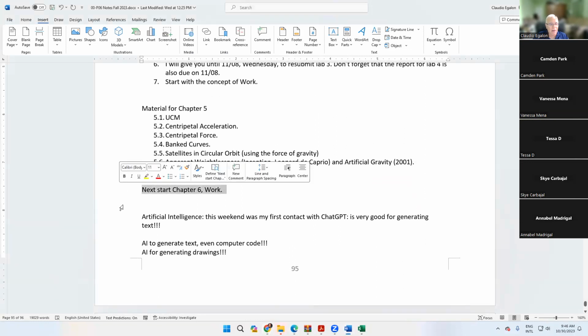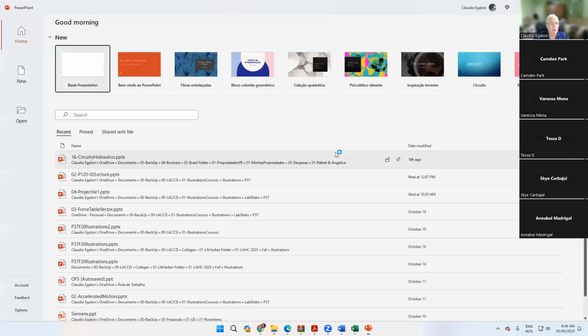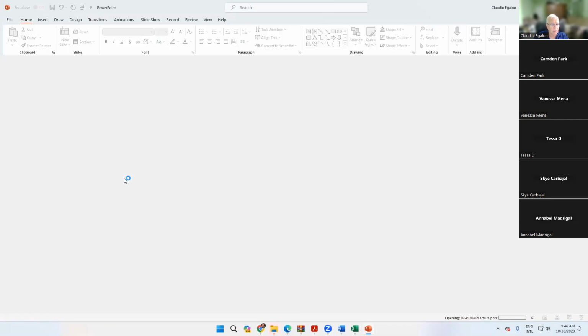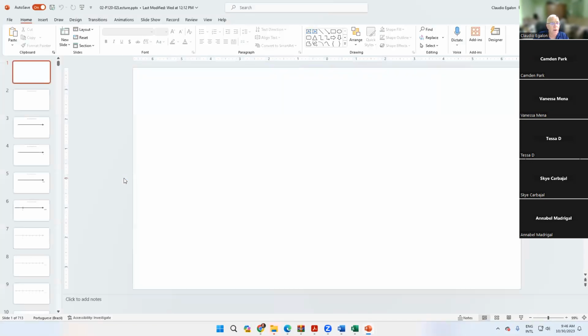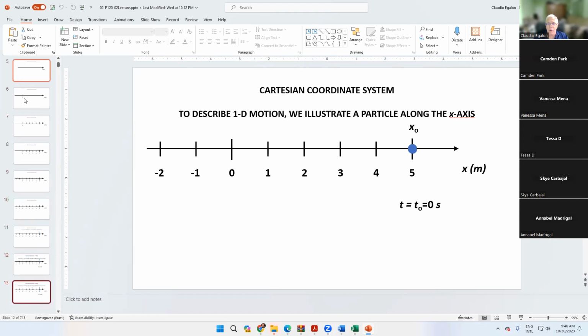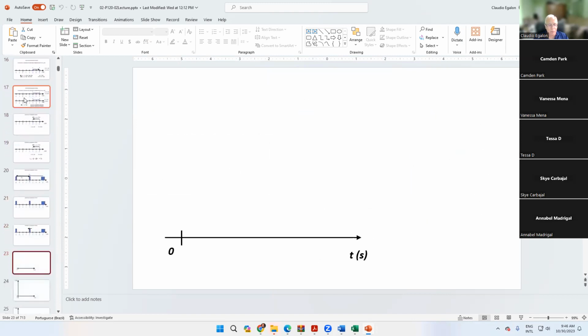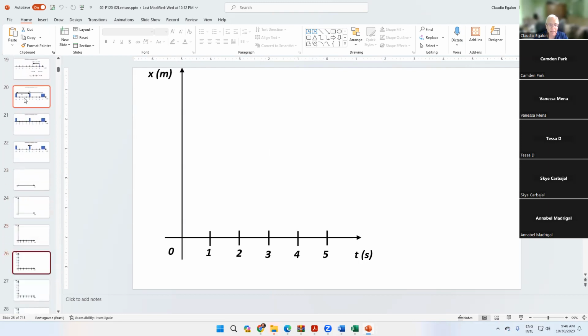Now we can start with chapter 6. P120, this one here. Okay, think about that, right? All those slides done by an artificial intelligence program, right? The quality would be much better than that.